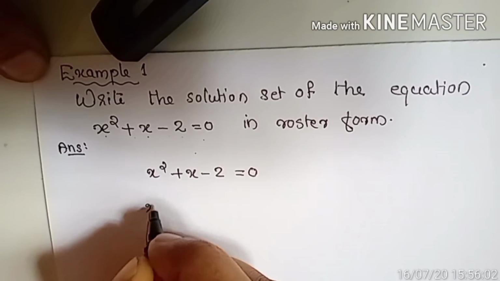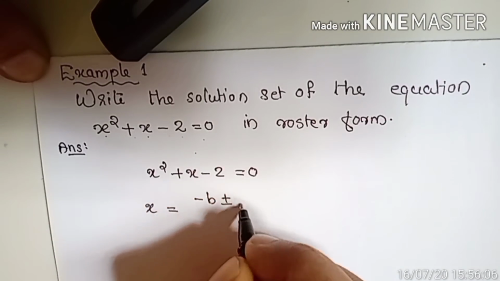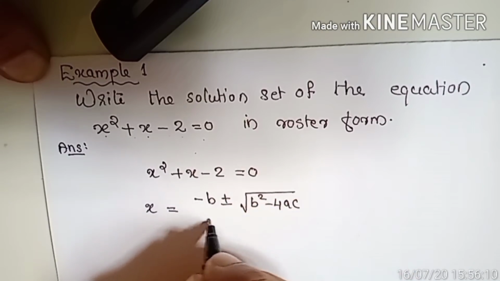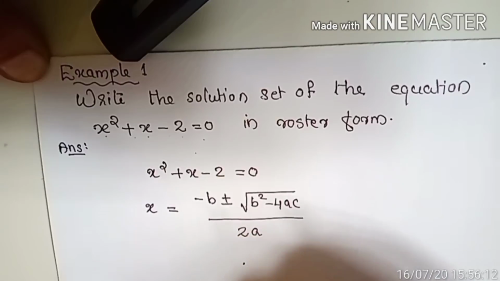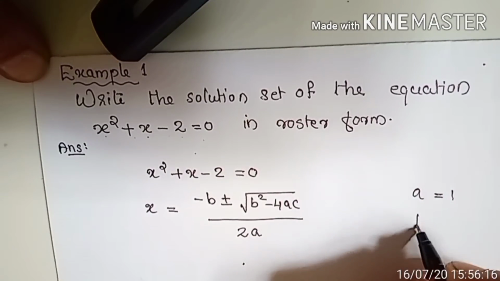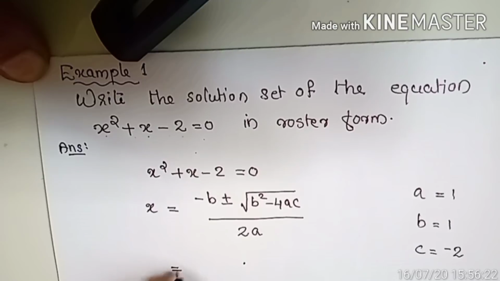We can use the formula for finding the solution of x. x equal to minus b plus or minus root of b square minus 4ac divided by 2a. Then what is a? a equal to 1, b equal to 1 and c equal to minus 2.